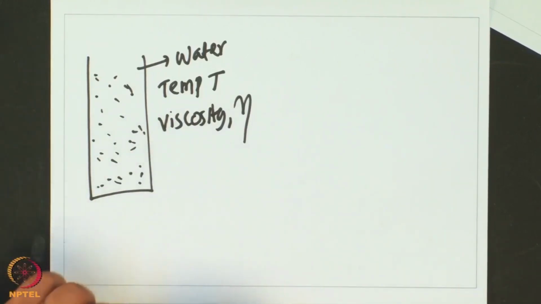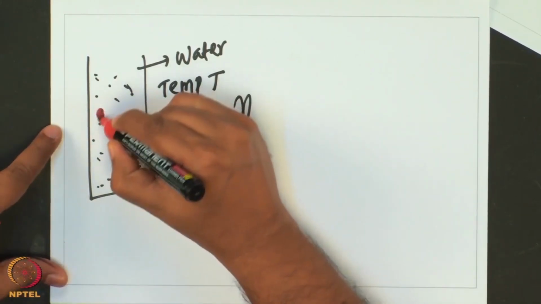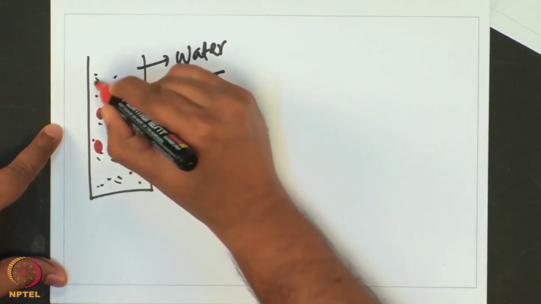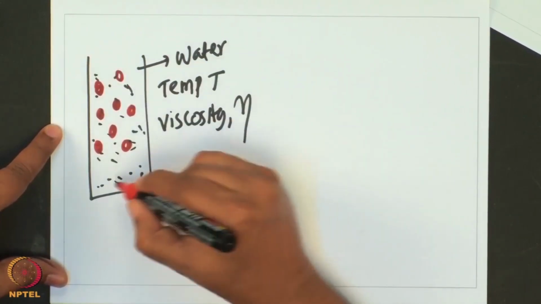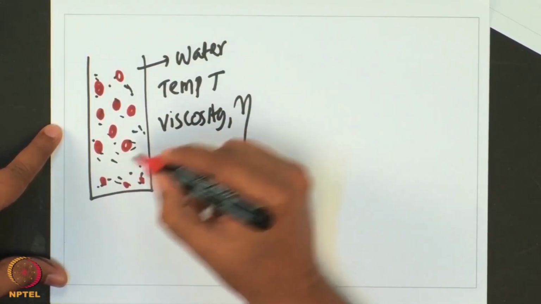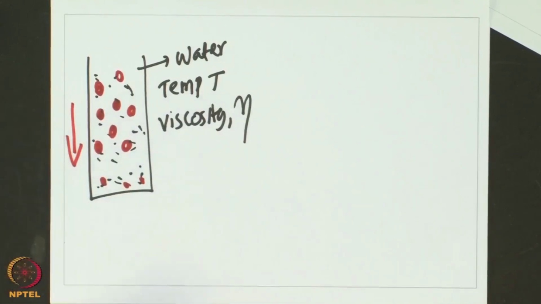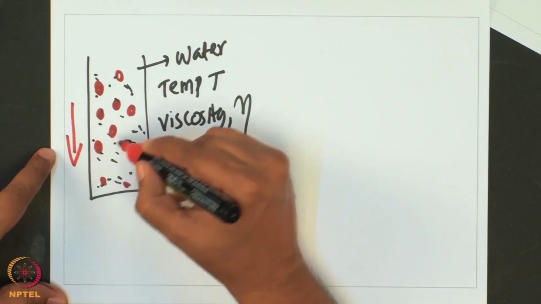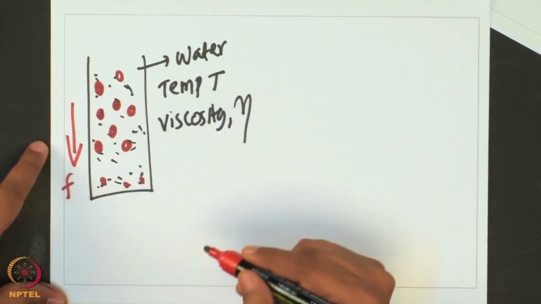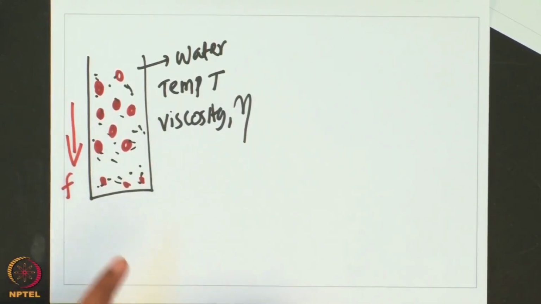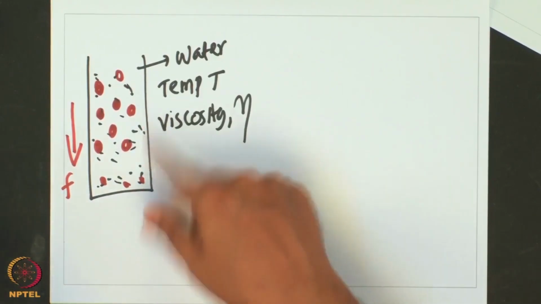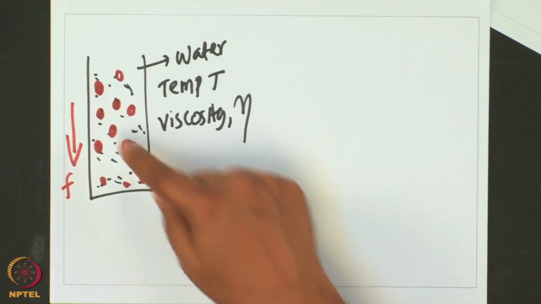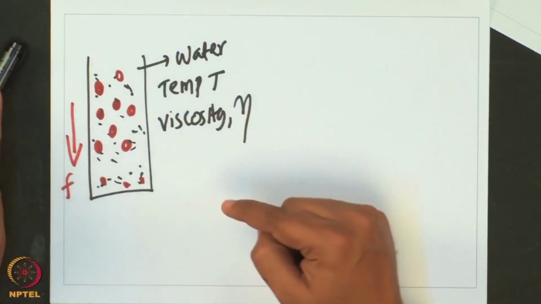These are the properties of the water, and now you put a lot of molecules in this, which are much bigger than water, and they will come down because of gravity. The gravitational force will pull them down. There is a flow of these protein molecules from top to bottom.